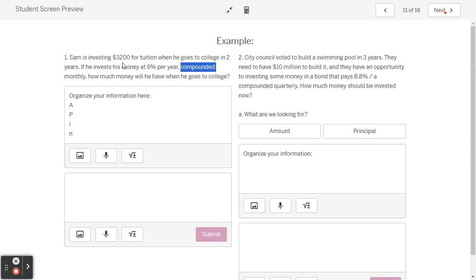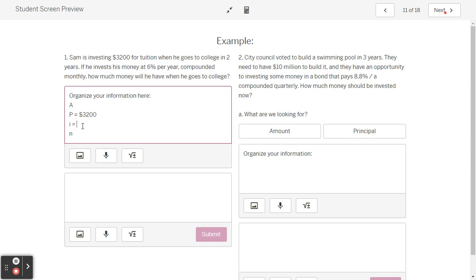Sam is investing $3,200 in tuition. So his investment is what he has right now. He wants this money to grow for when he goes to college. We know that he is getting money 6% per year compounded monthly.